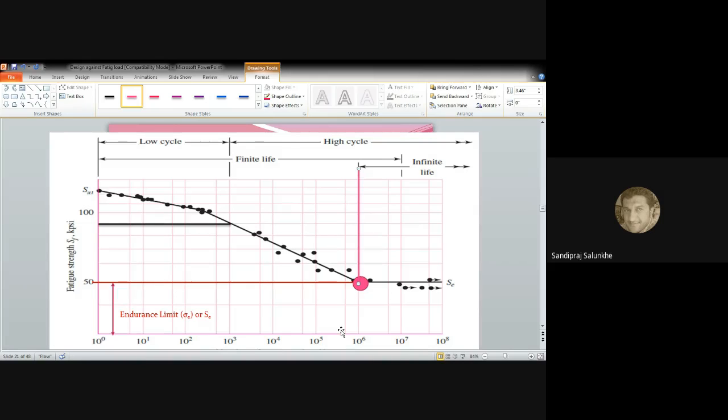So that is how we are going to differ, that just take in consideration what is the finite life and what is the infinite life. Okay, so whatever may be the stress value which is beyond the endurance limit, it will come under the finite life design, and whatever may be the value of stress which is below the endurance limit, it will come under the infinite life. Okay, so hope you have understood all the things and I will make the sense.